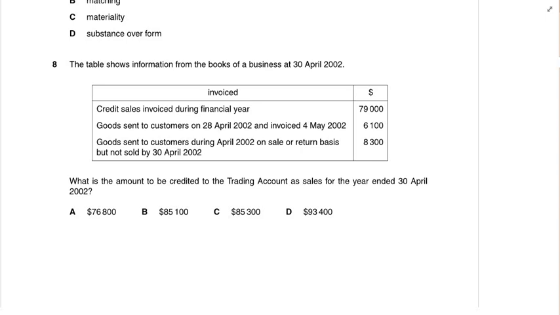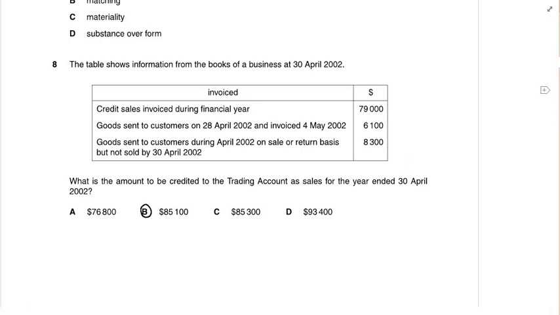From the facts given, 79,000 is a sale, 6,100 is a sale, but 8,300 is not a sale, because no indication of retaining the goods has been given by the customer. So we add the first two, 79,000 plus 6,100. I'm sure we get something like 85,100. So the correct answer there is B.